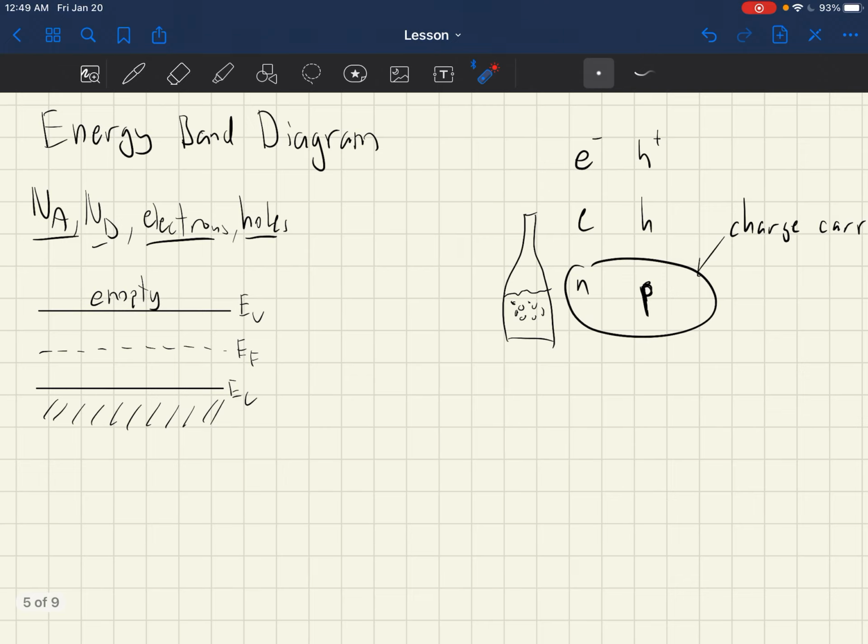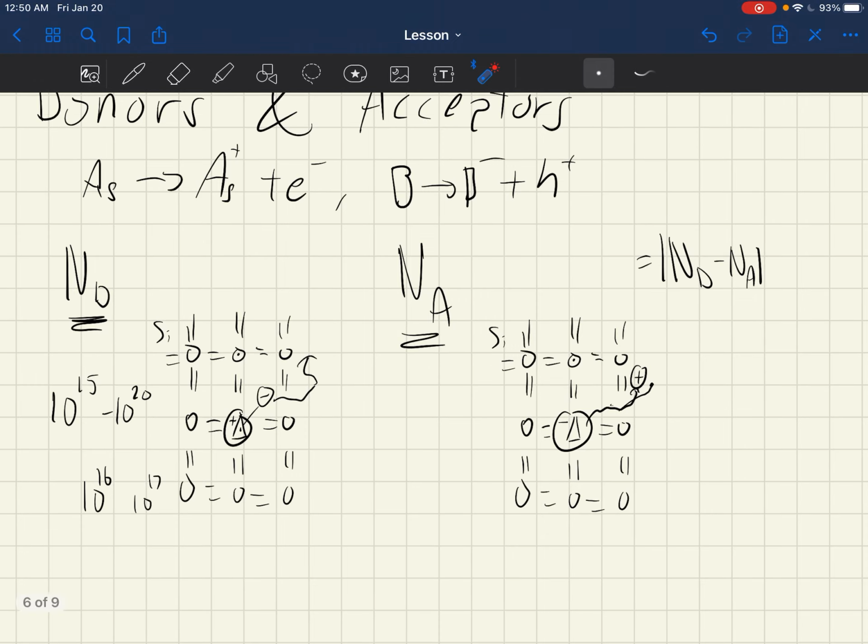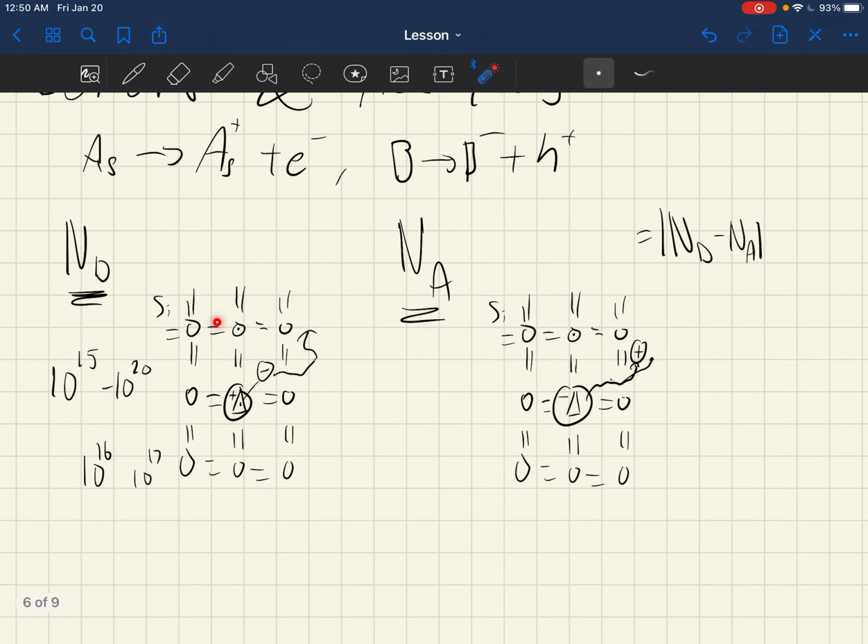Now, next part we're going to talk about is Na and Nd. So Na and Nd are talking about acceptors and donors. An example of a donor is arsenic. So say an arsenic atom put into this silicon lattice would have a positive charge that is held in place and a free negative charge for the electron being carried around and moving freely.